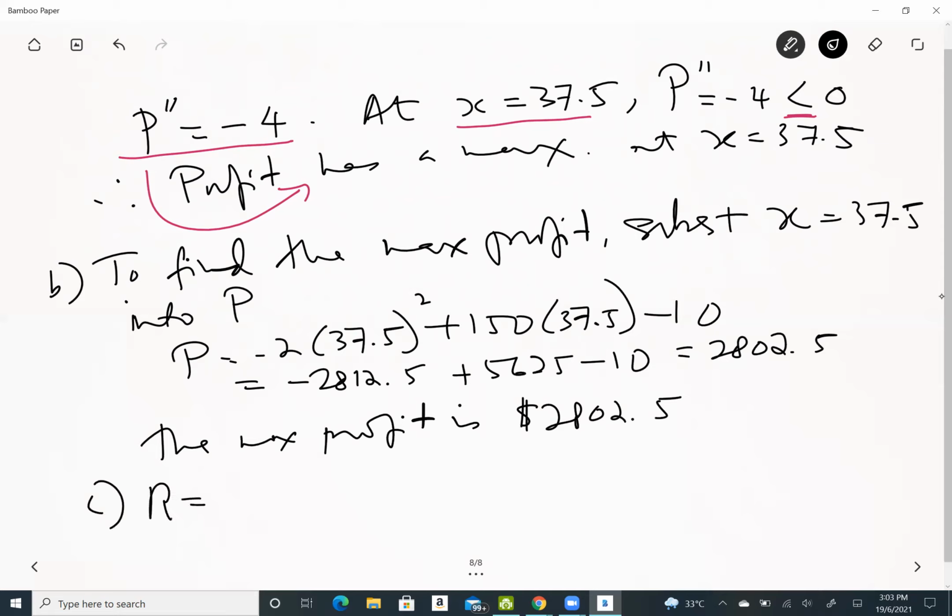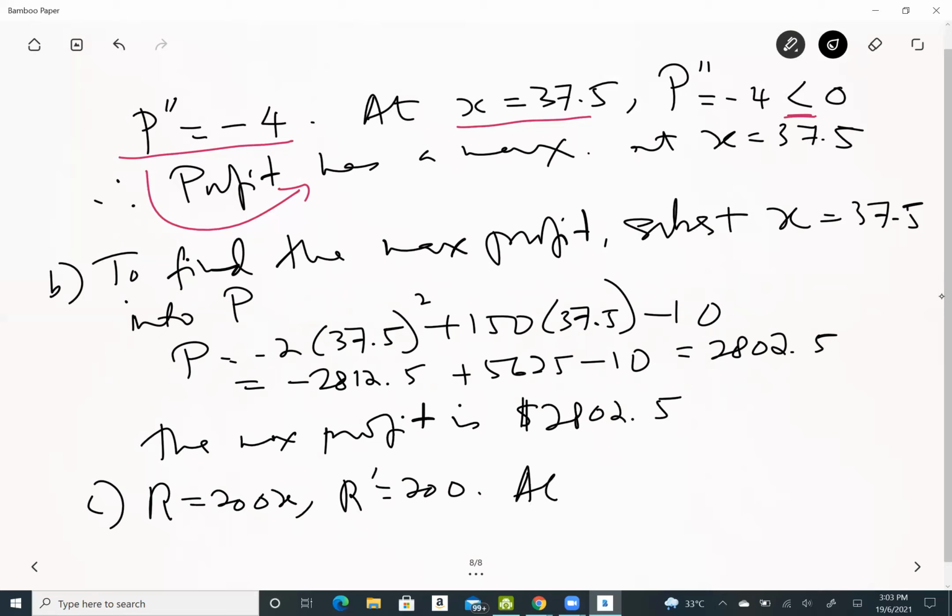Now revenue is 200x. So R prime is equal to 200. So now, given the question, I want to interpret the marginal revenue at that critical point, or at x equal to 37.5.